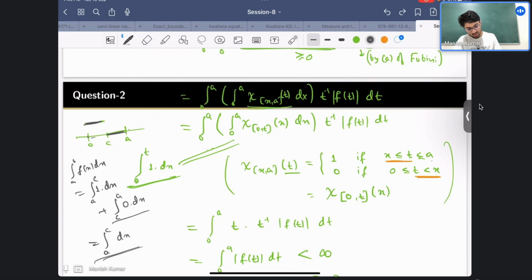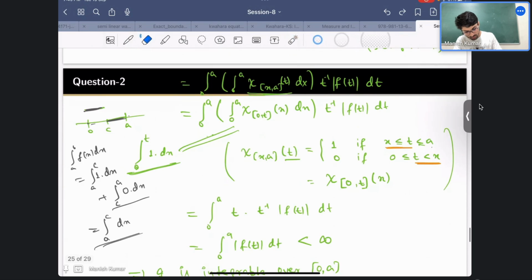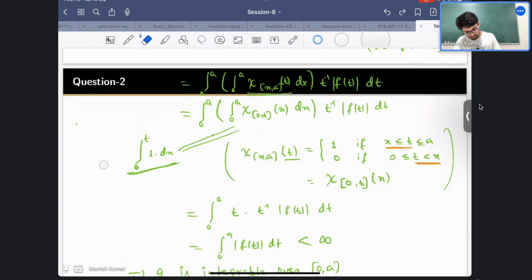Let's say t is here, so this is the function and this is the integral. Okay, sir. If you want, let me keep it there itself.